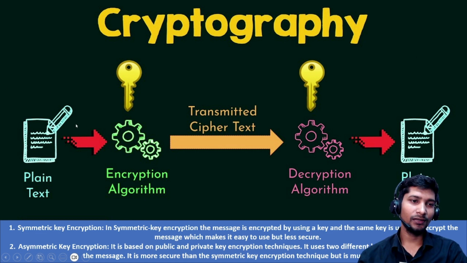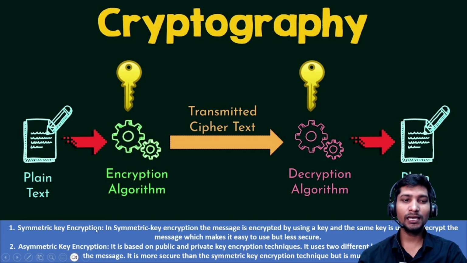For example, here is plain text, let's say ABCD, the data which you can read directly, right? And here is some encryption algorithm, which might be symmetric key encryption or asymmetric key encryption. Now what are symmetric key and asymmetric key encryption?